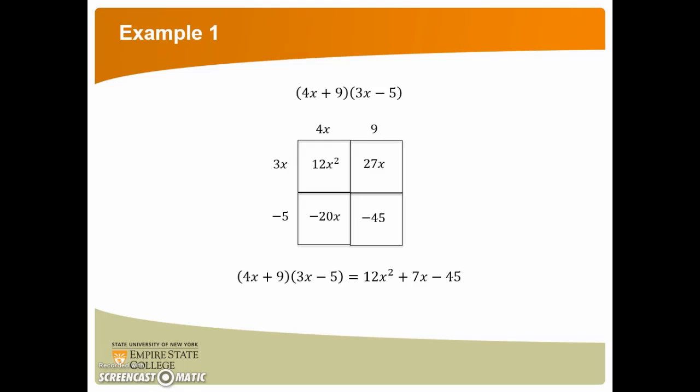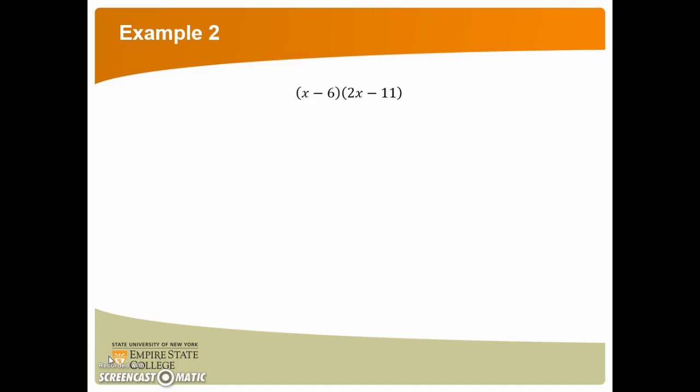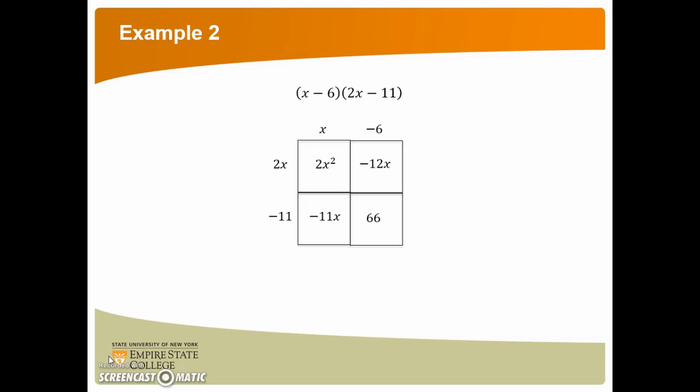Suppose this time we want to multiply x minus 6 by 2x minus 11. Draw the box. Write the polynomials on top and on the left. Again, the minus signs get attached to the number after them. Multiply to fill in the box.